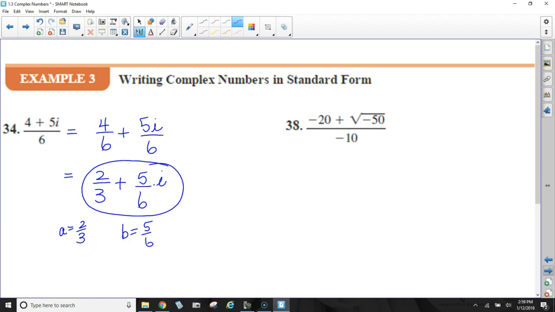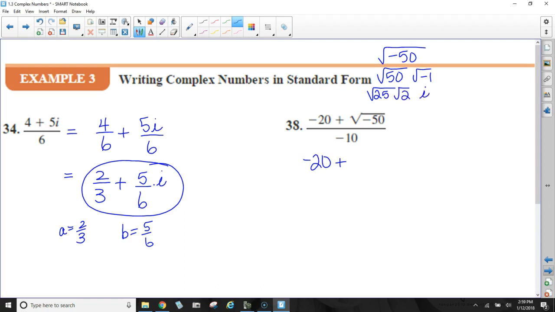On number 38, the first thing we should do is simplify this square root of negative 50. So our problem is negative 20 plus, let's work on this part of it. The square root of negative 50 will break down into the square root of 50 times the square root of negative 1. 50 has a factor that's a perfect square: 25 times 2 is 50.